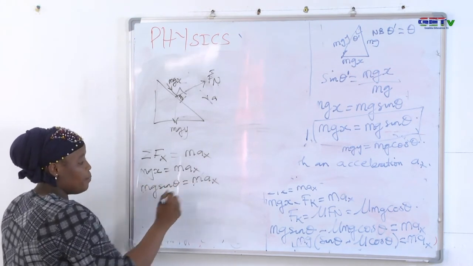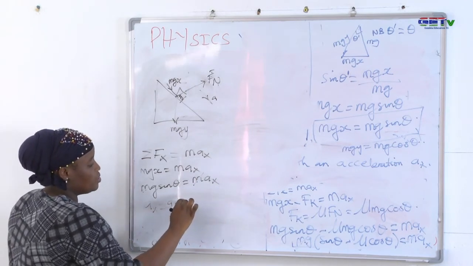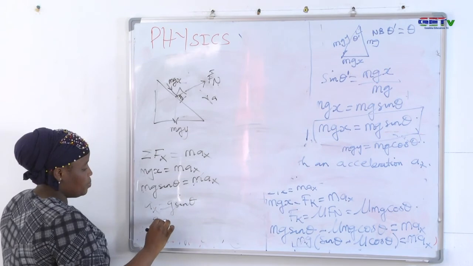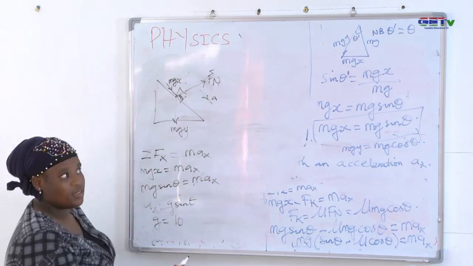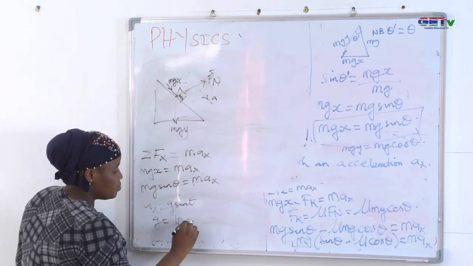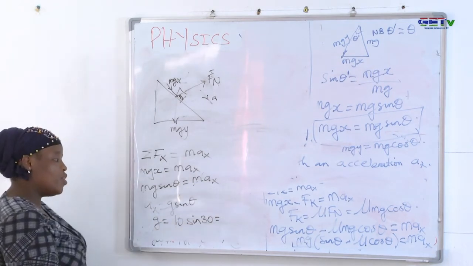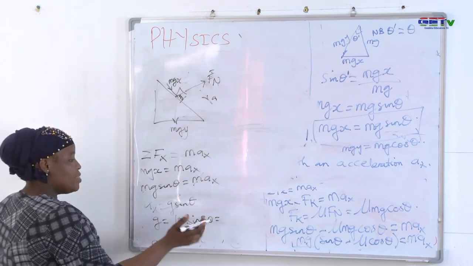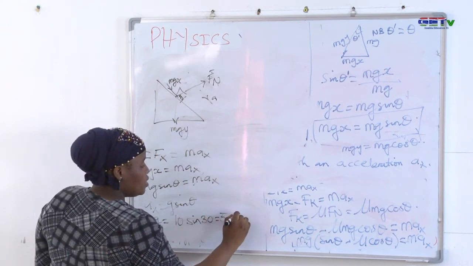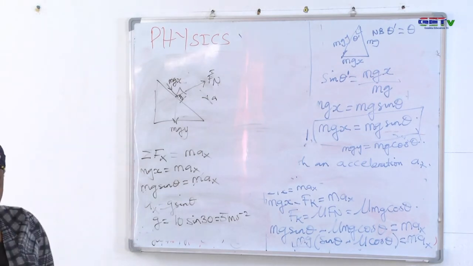M cancels m, and a of x becomes g sine theta. G is 10 in this case, that's what we are given. Sine theta, which is 30, and sine 30 is just 0.5. 0.5 times 10 should be 5 meters per second squared. So you see how such questions are solved.